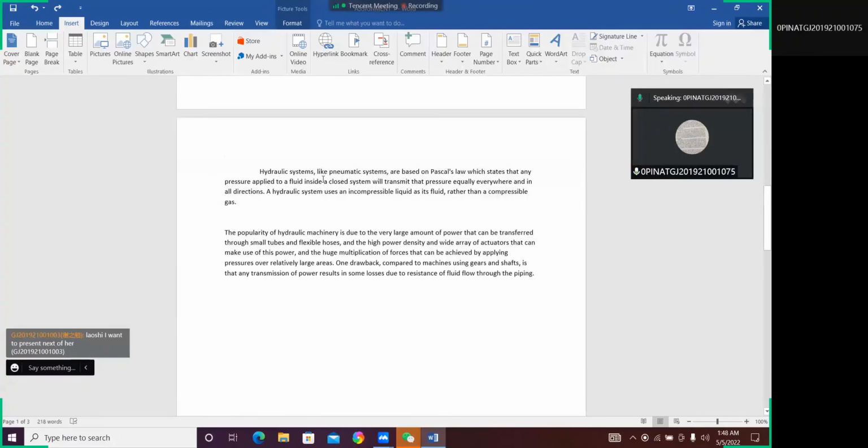Hydraulic systems, like pneumatic systems, are based on Pascal's law, which states that any pressure applied to a fluid inside a closed system will transmit that pressure equally everywhere in all directions.